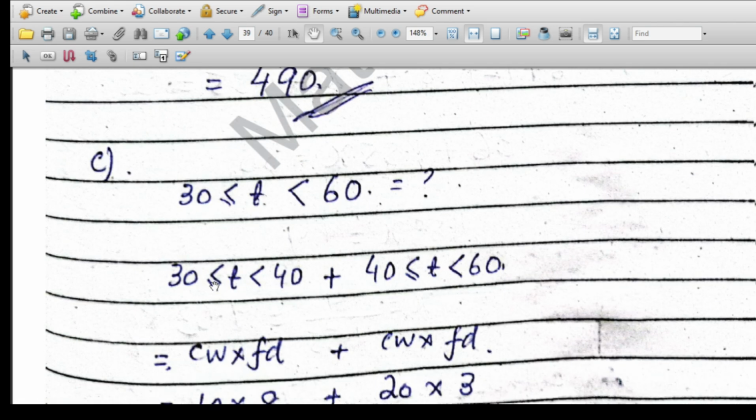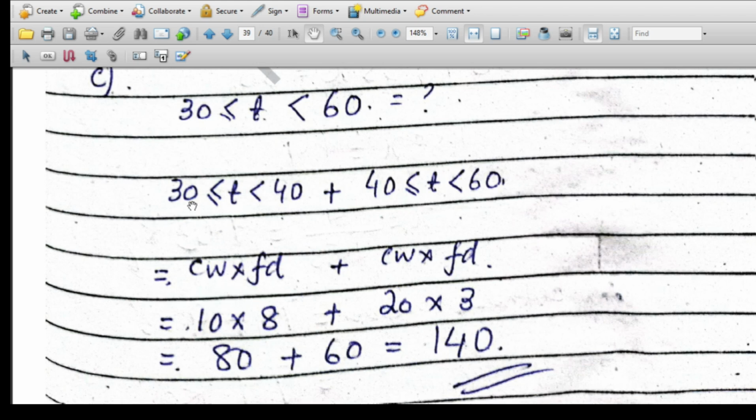In 30 to 40 the class width is 10 and the frequency density is 8 from the histogram, and from 40 to 60 the class width is 20 and the frequency density is 3. So we get this frequency for 30 to 40, and this frequency for 40 to 60. So the total frequency from 30 to 60 is 140.